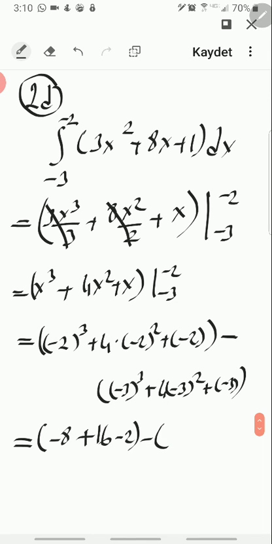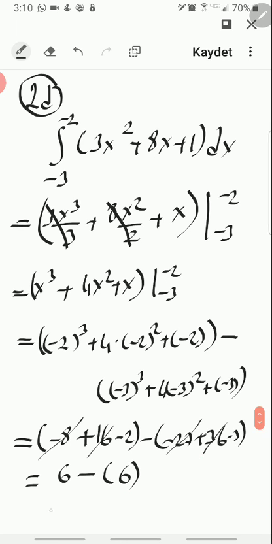Minus. In the next part, minus 3 cubed is minus 27. 4 times minus 3 squared: minus 3 squared is 9, times 4 is 36, minus 3. So if we cancel here, we get minus 8 plus 16 minus 2, which is 6, and minus 27 plus 36 minus 3, which is 6. So 6 minus 6 is 0. Our final answer is 0.